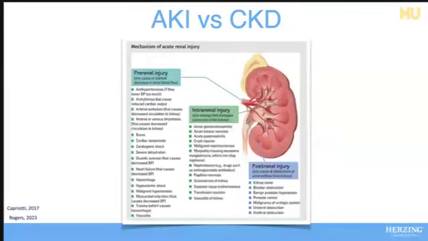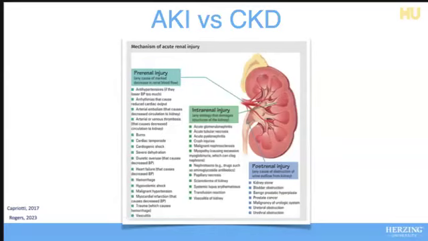Another thing we need to talk about is how AKI, like ATN, represents an abrupt decline in kidney function, and this can happen over hours to even days. Whereas chronic kidney disease, or CKD, is a gradual loss of function over months to even years.